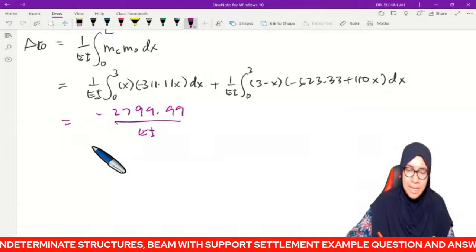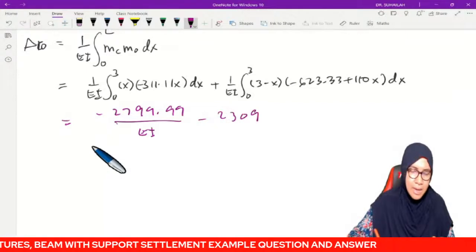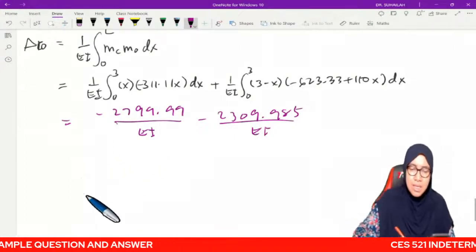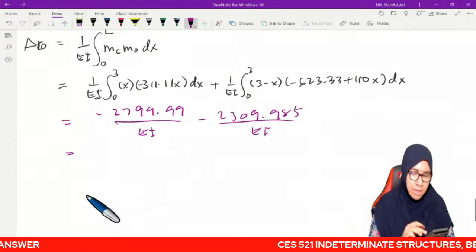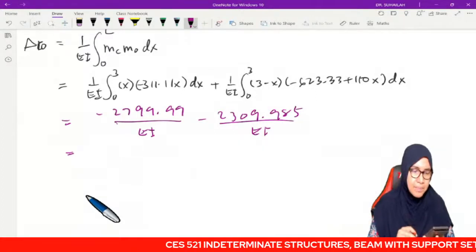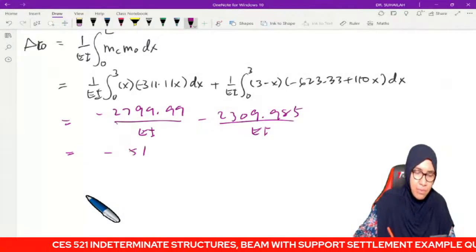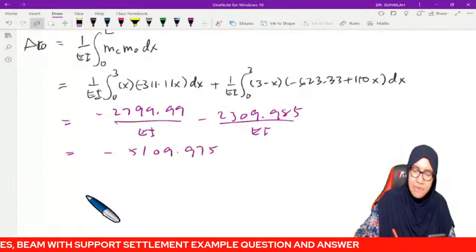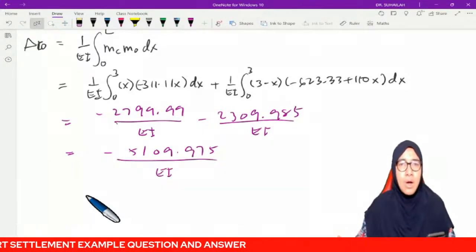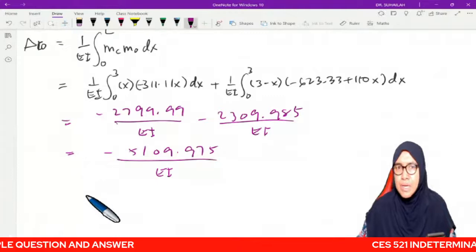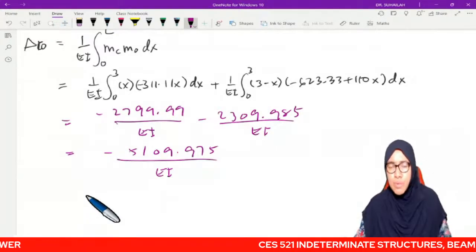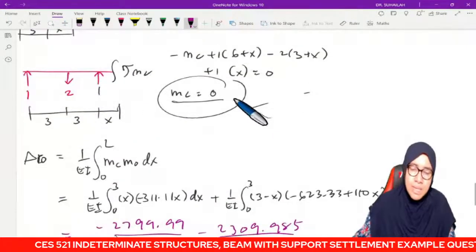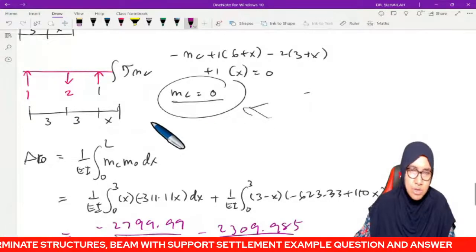It is negative 2309.985 over EI. So we subtract from 2799.99 and get negative 509.975 over EI. It means that we actually don't need to write the moment equation for section C, because the moment at C is equal to 0.